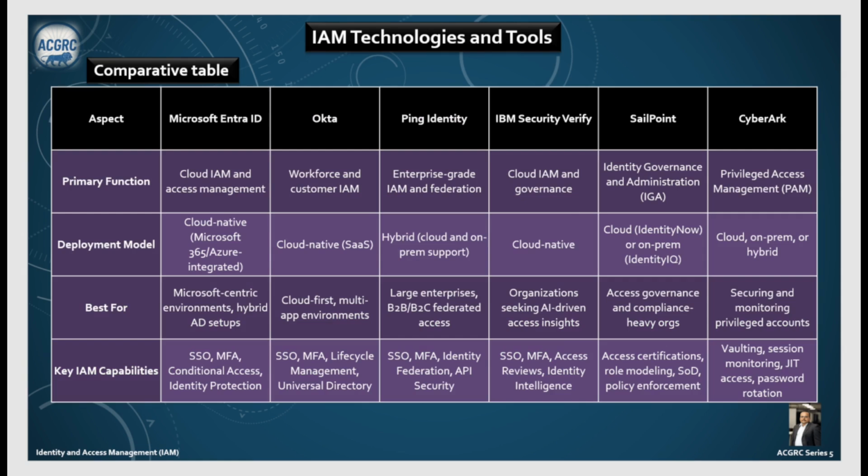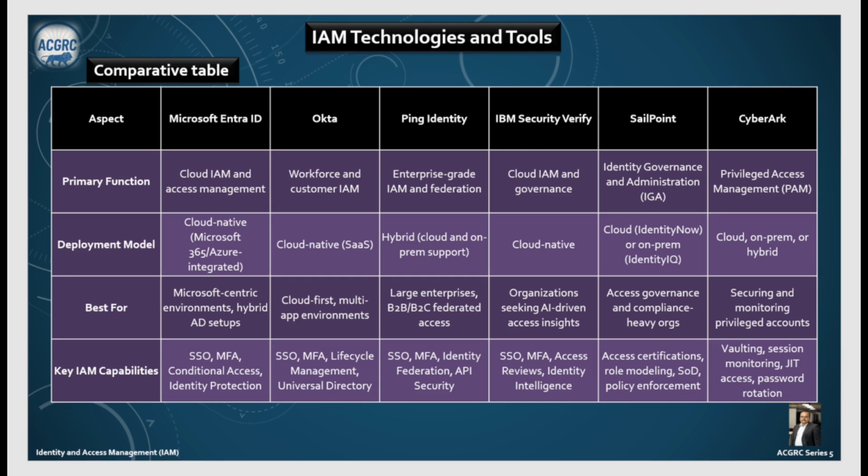Let's have a comparative table. The primary function of Entra is cloud IAM and access management, and so on, which we discussed. When it comes to CyberArk, it is privileged access management. Deployment model of CyberArk: cloud, on-prem, or hybrid.